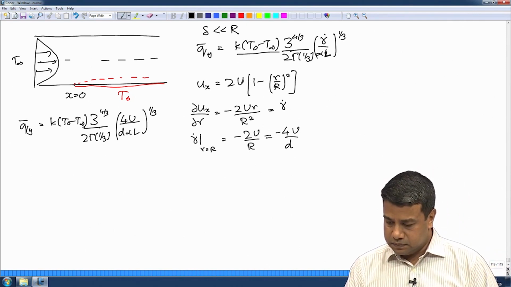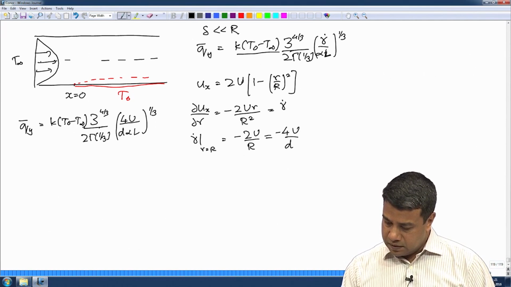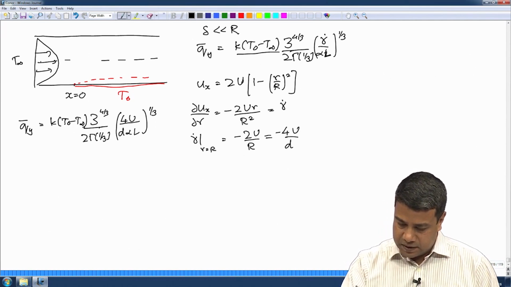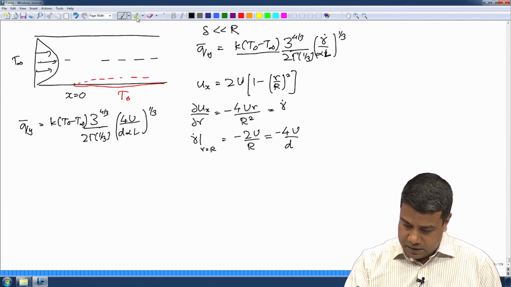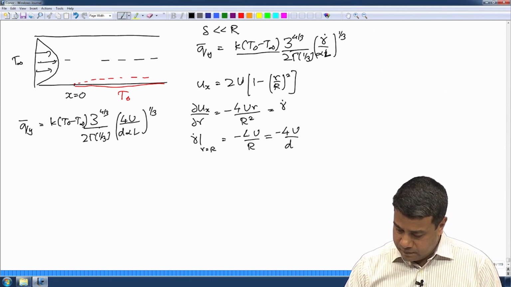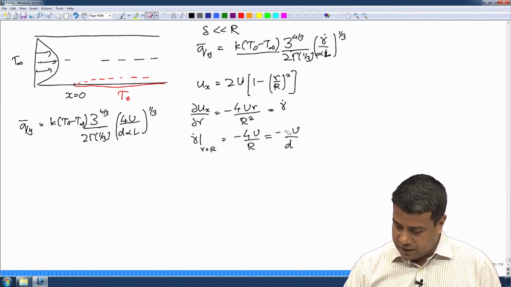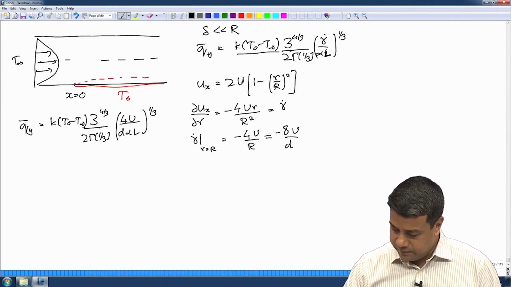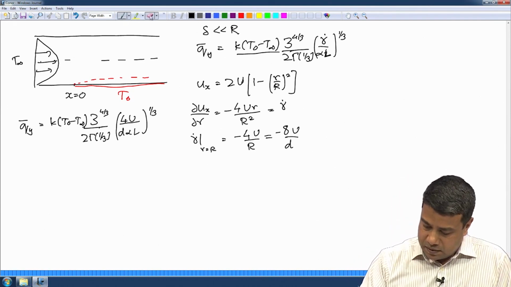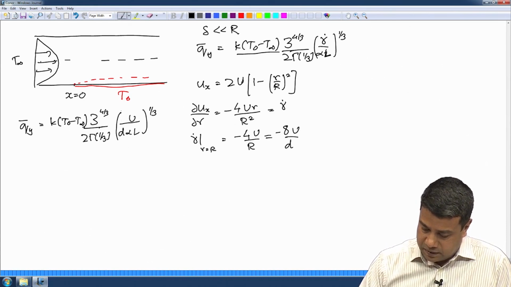I should be careful here. This is 4, that is correct. When I take the derivative, I get a factor of 4, and this one becomes a factor of 8 when I express it in terms of the diameter. So, what I have here is a factor of 8.